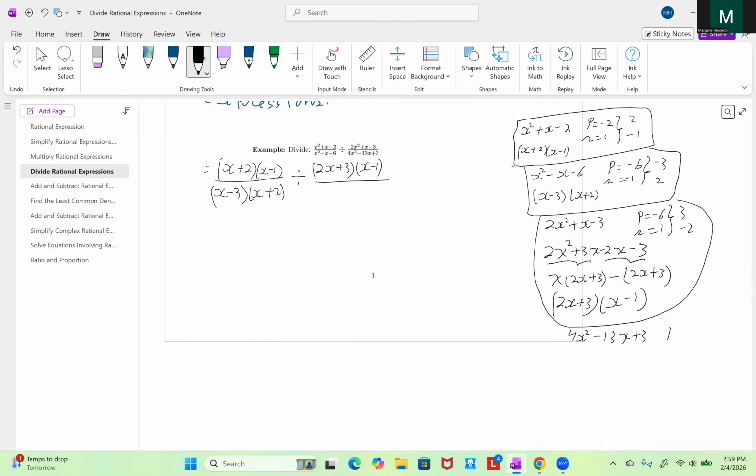We need to find two numbers whose product is 12 and whose sum is -13. -12 and -1. -12 times -1 is 12, and -12 plus -1 is -13. So we rewrite the polynomial by replacing -13x by -12x minus x.